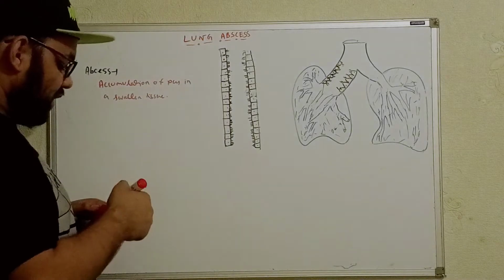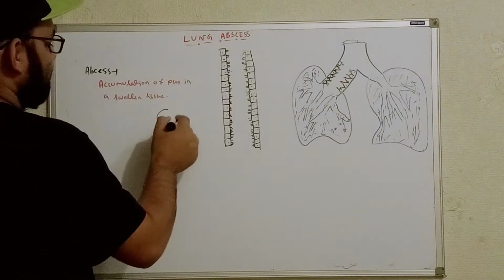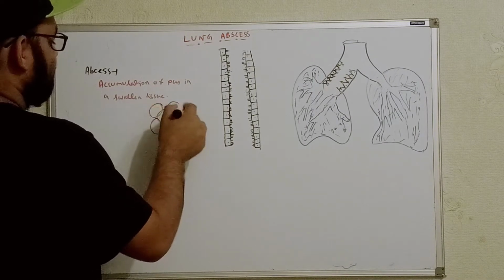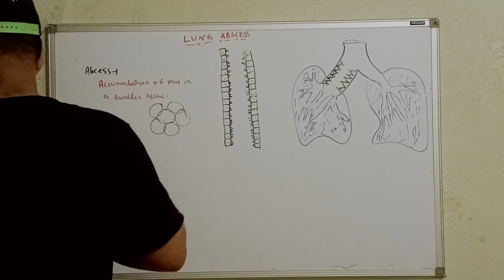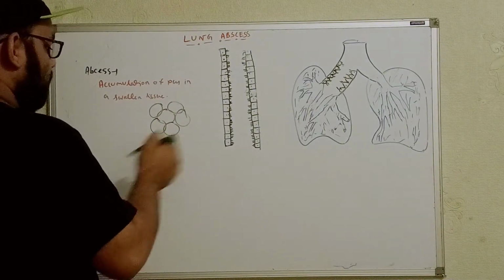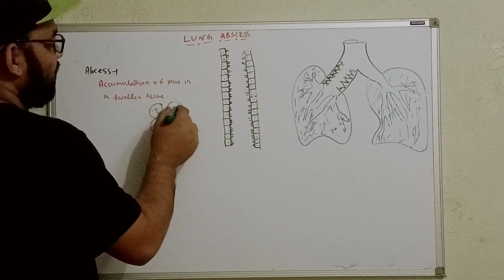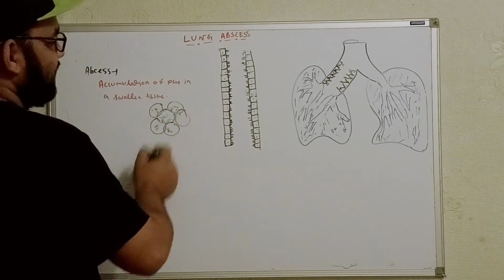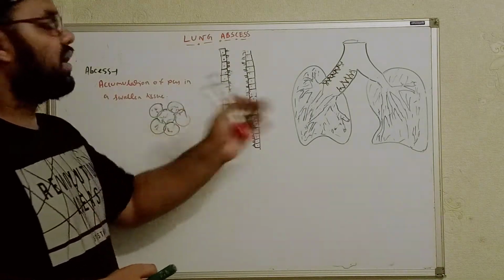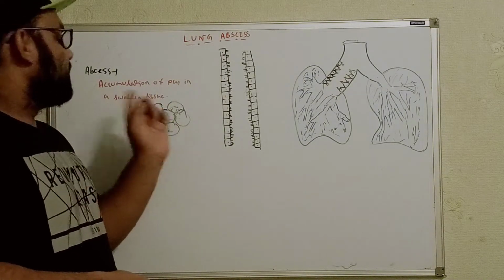For example, if there's a cell over here, and we get swollen cells, and we get the accumulation of pus within this tissue, then this condition will be regarded as lung abscess if we see this within the lung. Abscess in general is the accumulation of pus within a swollen tissue.